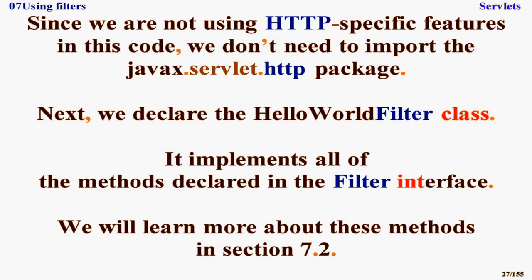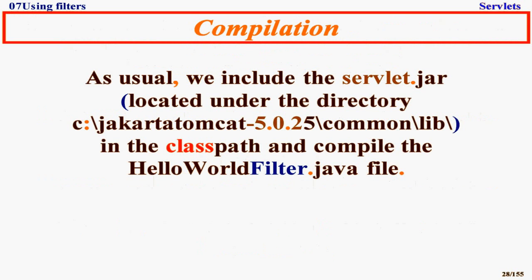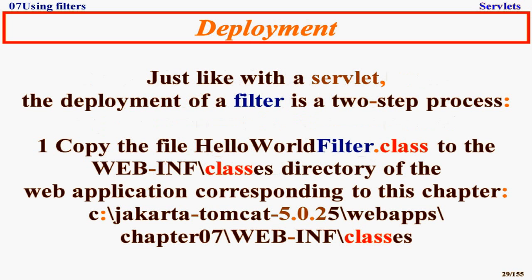Compilation. As usual, we include the servlet jar located under the directory C:\Jakarta Tomcat 5.0.25\common\lib in the classpath and compile the HelloWorldFilter.java file. Deployment.